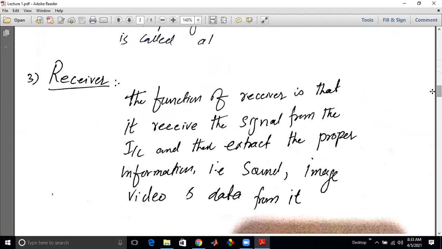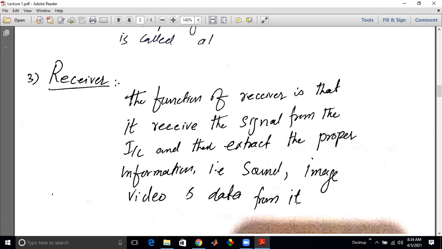So what is the function of the receiver? The function of the receiver is that it receives the signal from the information channel and extracts the proper information such as sound, image, video, and data from it. Because what is a signal? The signal will contain either sound, audio, video, images, or other data which the transmitter wants to transmit.